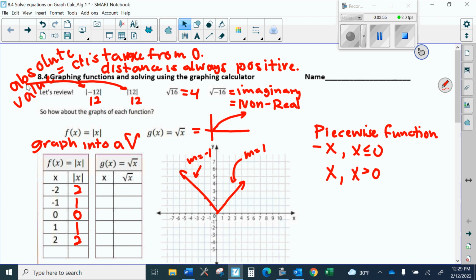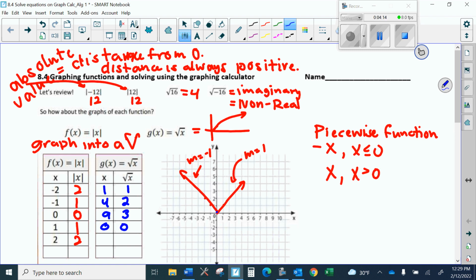All right, the square root graph, we know. Now, when I pick square roots, I want to pick perfect squares, so I get nice numbers. So the square root of 1 is 1. The square root of 4 is 2. The square root of 9 is 3. Okay, the square root of 0 is 0.